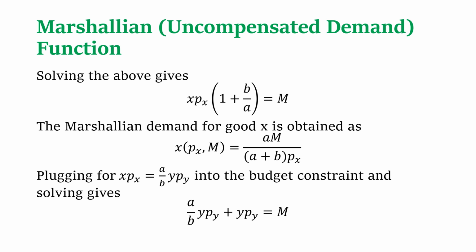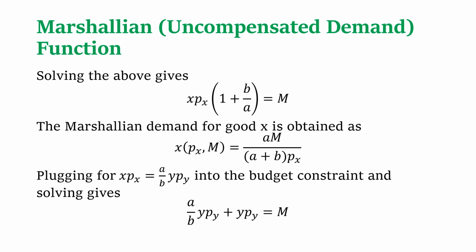Now you see, it has an inverse relationship with the price. And then it has a direct relationship with income. As your income increases, demand for goods also increases. So that's why you see M is positive. So it varies directly with M, the income, but inversely with the price.